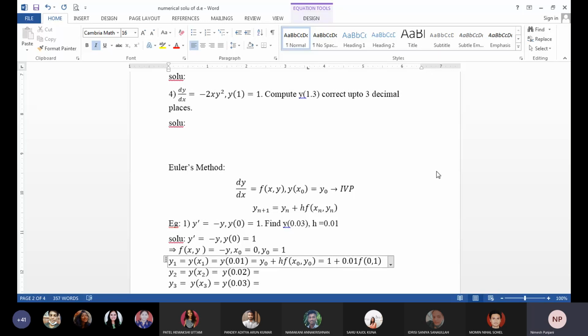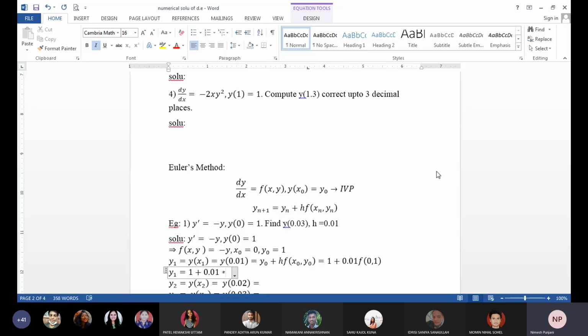So I get 1 plus h, that is 0.01, multiplied by f of x0 comma y0. So y1 is 1 plus 0.01 multiplied by f of 0 comma 1.